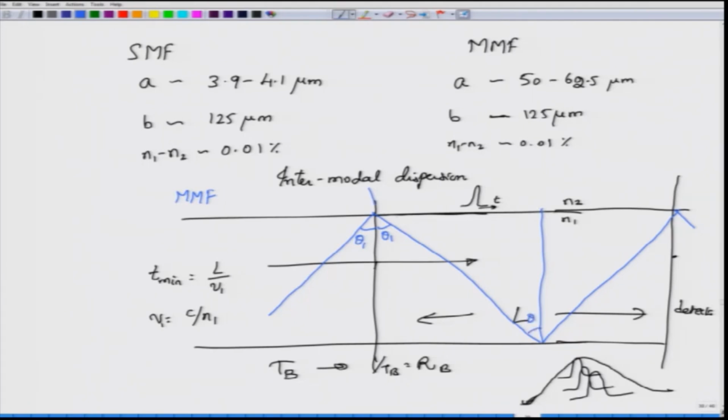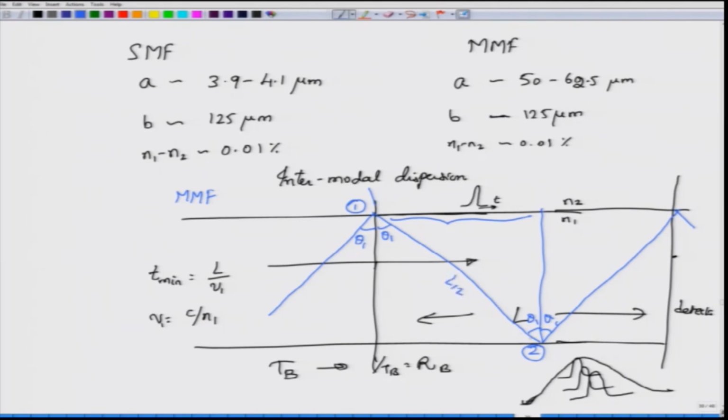This is theta 1 again, and the length over which it has actually propagated, in terms of this hypotenuse, is given by, if I call these points 1 and 2, the length between points 1 and 2, which I will call L12, is this one.